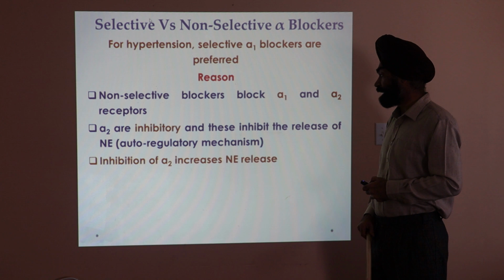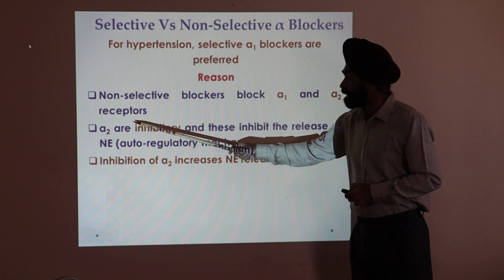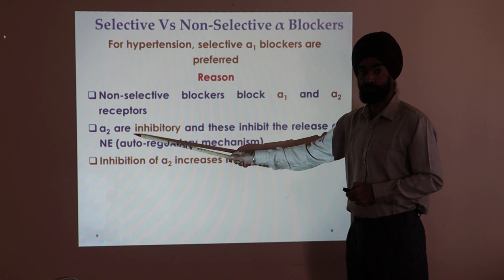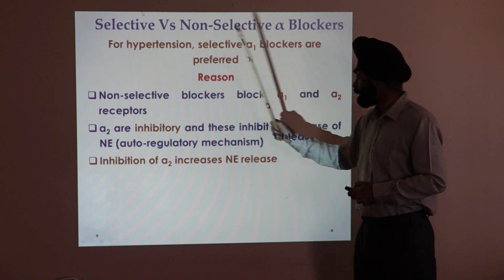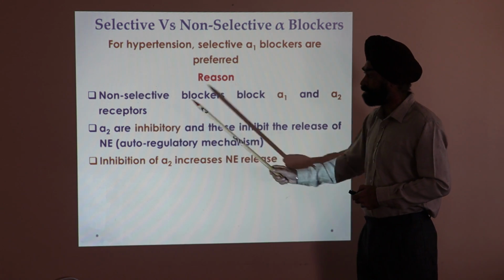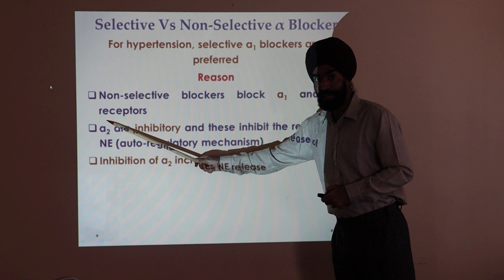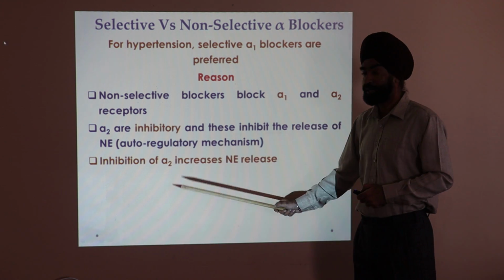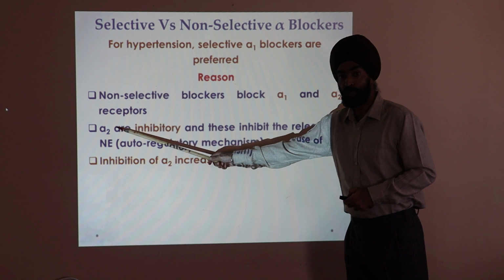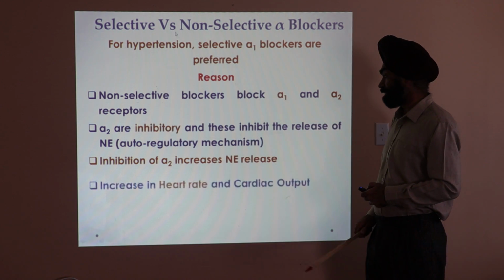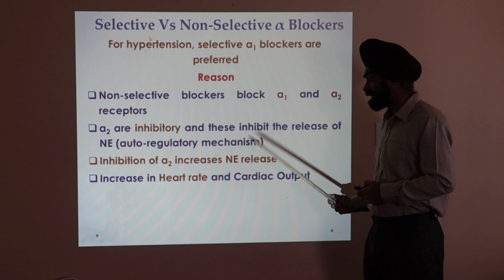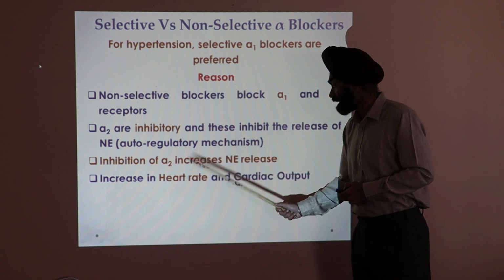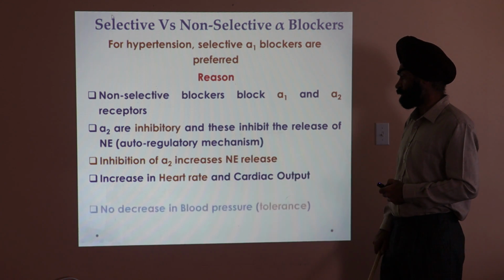So if you block alpha 2, remember the function of alpha 2 is to reduce norepinephrine. So if alpha 2 is not acting, ultimately there is an increase in the norepinephrine release. So blockade of alpha 2 will lead to an increase in norepinephrine, and obviously there is an increase in the heart rate and increase in the cardiac output.